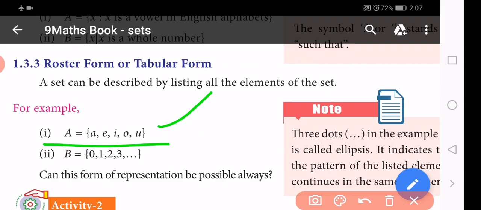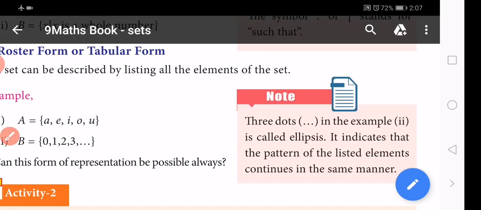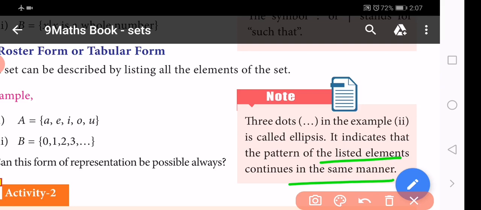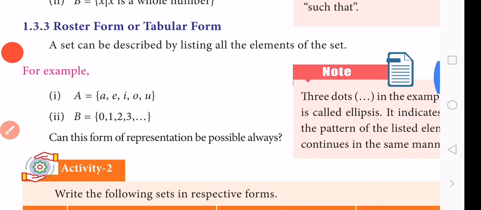After 3 we use three dots, called an ellipsis. It indicates the pattern of listed elements continues in the same manner. So this is the roster form or tabular form.